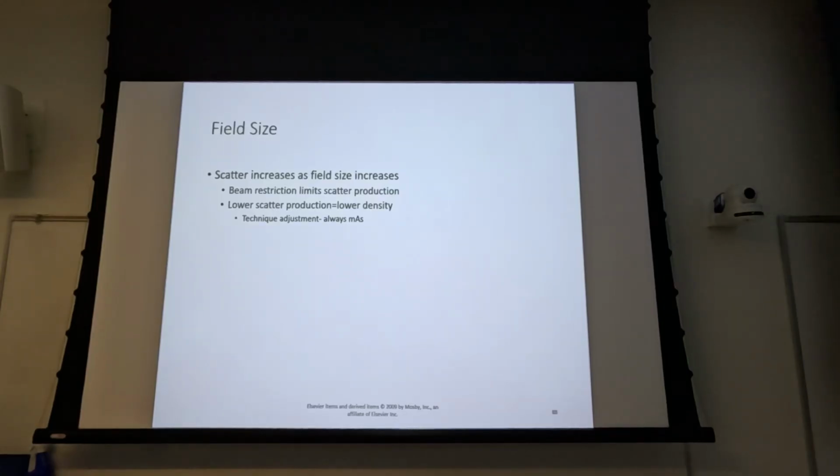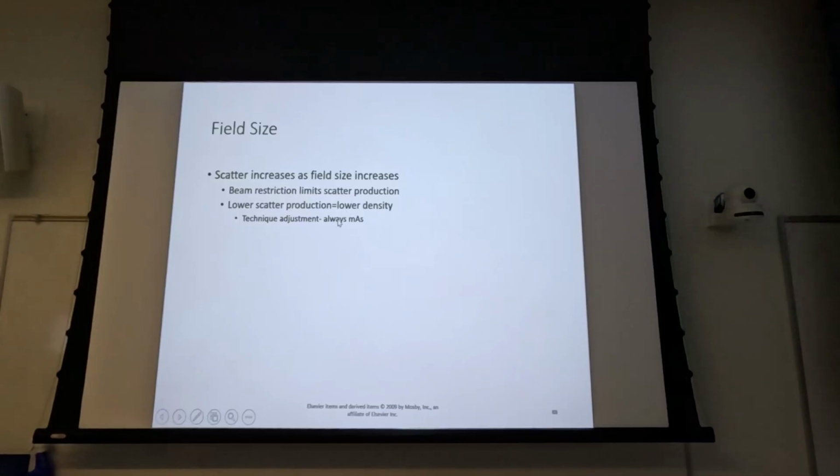That's partially because you're exposing more of the image receptor, but also the area where you were collimated before should show an increase in density, because of the increased scatter radiation. So as we increase our field size, we get an increase in scatter radiation.